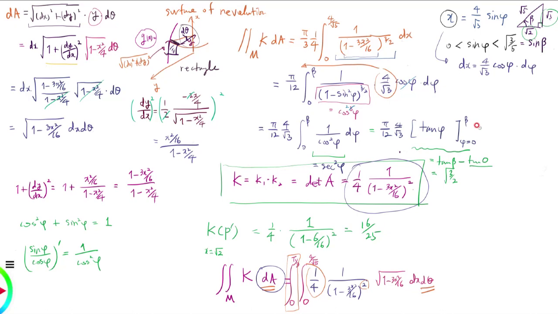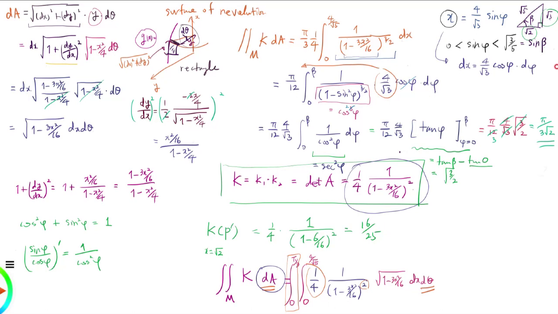So the whole value which is left in the end is nothing but this value. So we cancel out some values, and we have pi over 3 times square root of 2. That will be our total curvature, the value of total curvature on this curve.